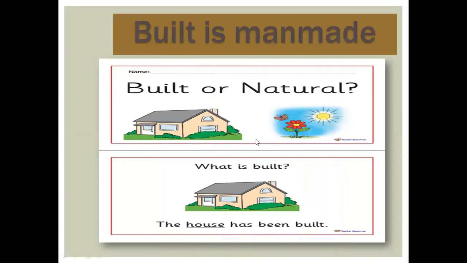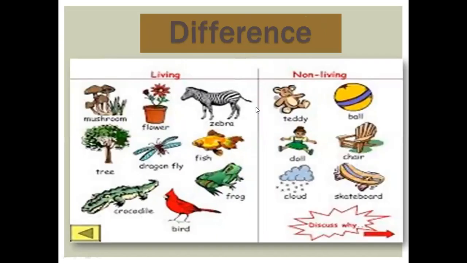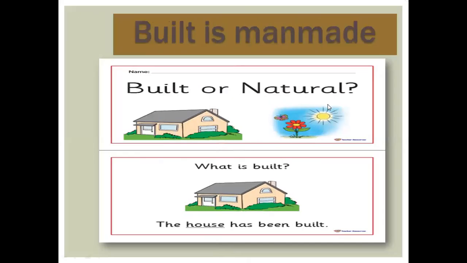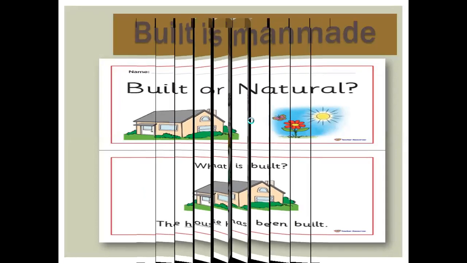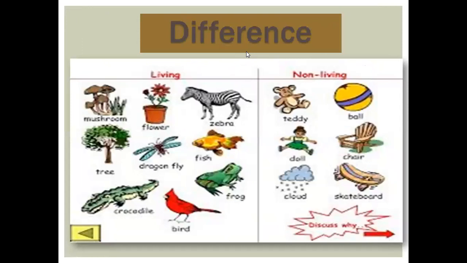But on the other hand, when we grow flowers, butterflies, and sun, they all are natural materials. So house is man-made and these things are natural.